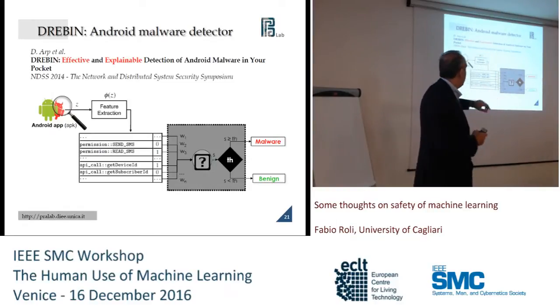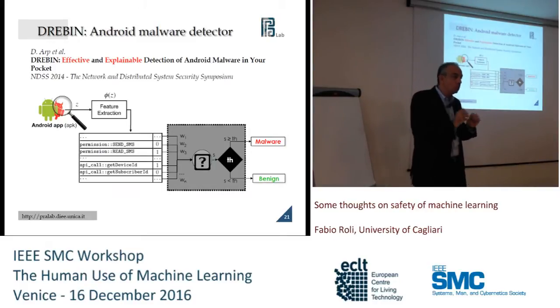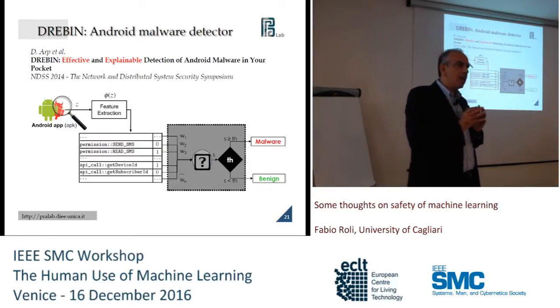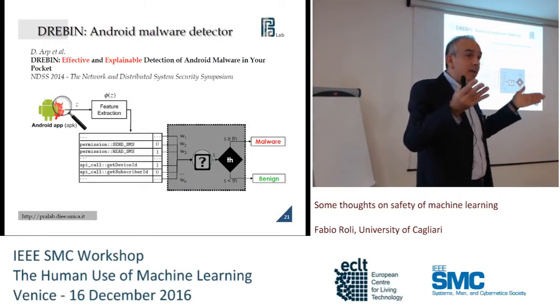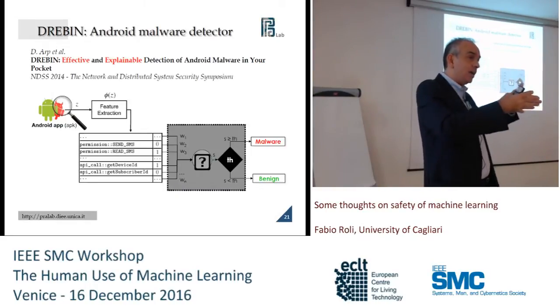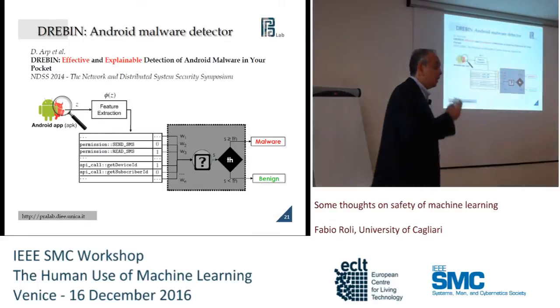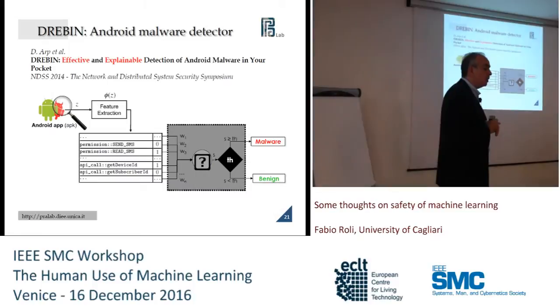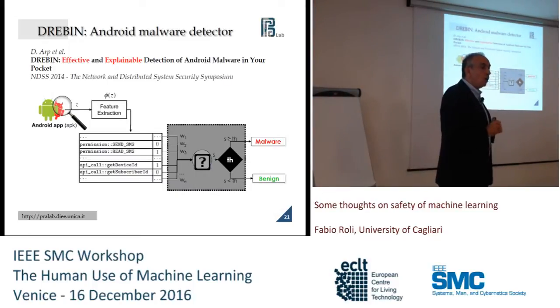From the technical viewpoint, they extract some features from the code of the application. The technical details are quite complicated, so I skip them. And then they use these features with weights; each feature has a weight related to the importance of the feature. The weights are learned with one of the algorithms that you can use for a linear classifier, and then you make the decision. What is the point?